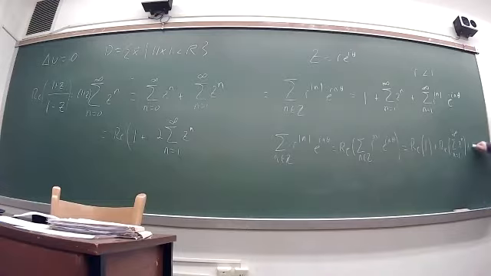And here's my big point: the real part of this is the same as the real part of the sum of z to the n. So when you sneak in this negative sign, you're changing the sign of the imaginary part. You're not changing the sign of the real part. So the real part of this is the same as the real part of that. That's the point.